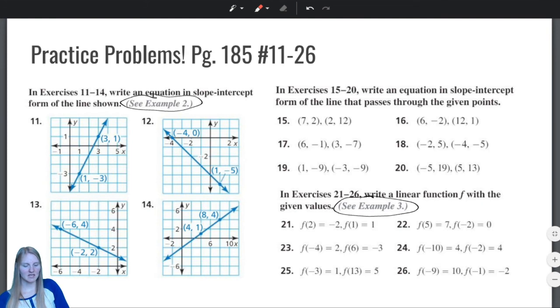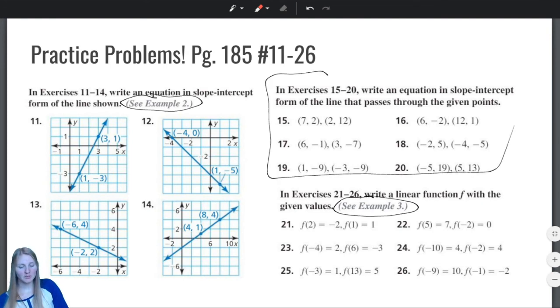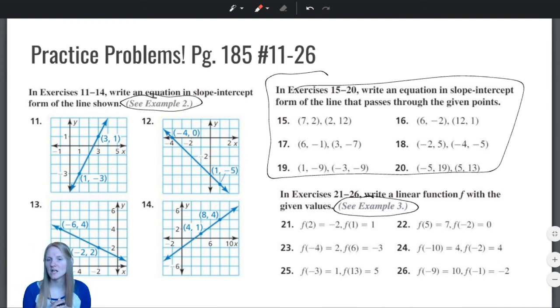And the middle set of problems wasn't exactly like any of the problems we did. It is write an equation in slope-intercept form of the line that goes through the 2 points. So it's like example 2, but without the graph. Instead of the graph, I just give you the points. So it's similar to example 2.